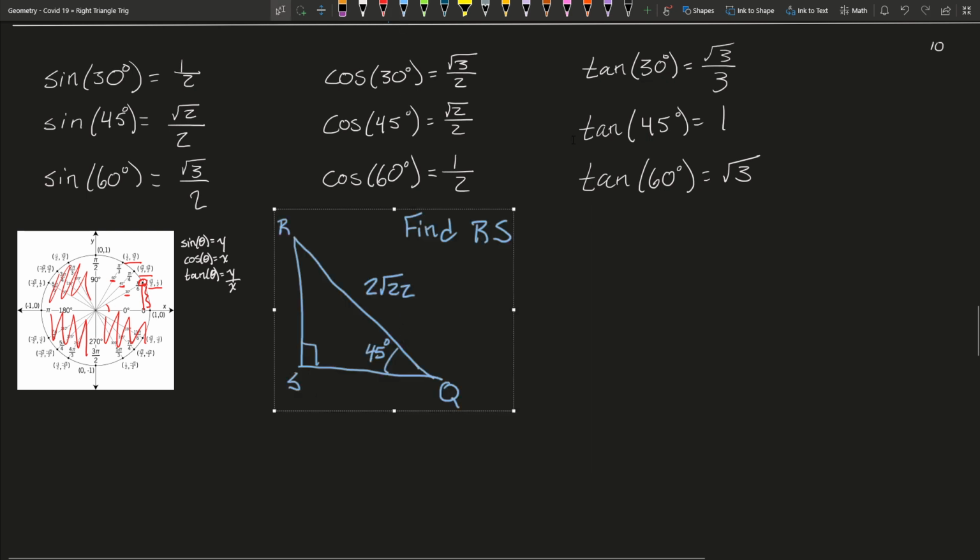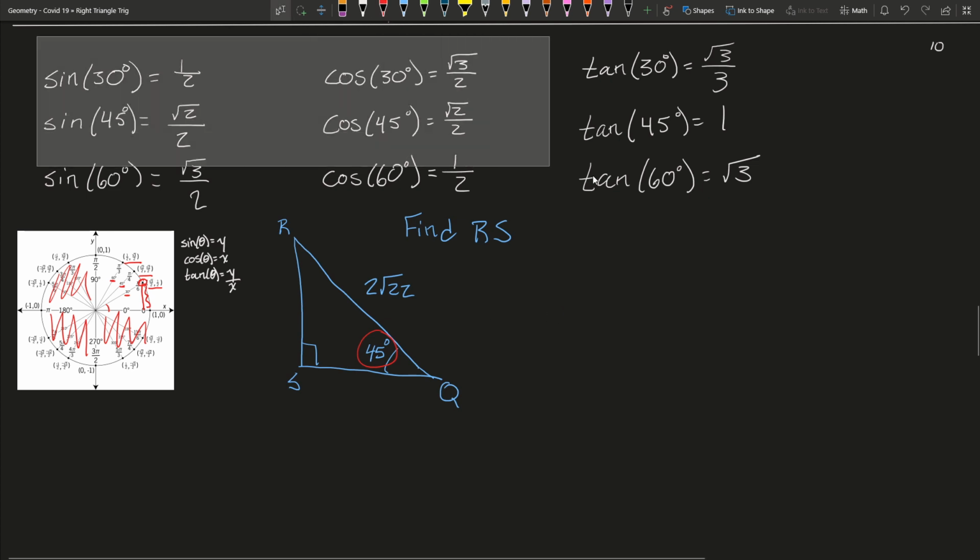In IXL, you're given this diagram and you're asked to find RS. It says in fine print to give the answer in simplified and rationalized form. So what I said is just take the trig function of this angle and then solve for the unknown. We're going to do that, except we're not going to use a calculator. We're going to use these top 9 values.